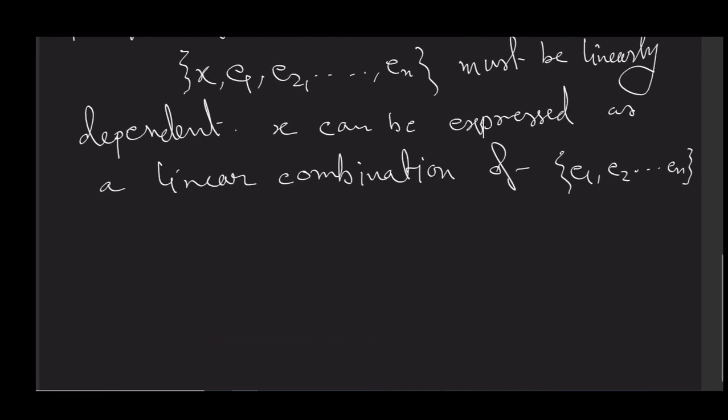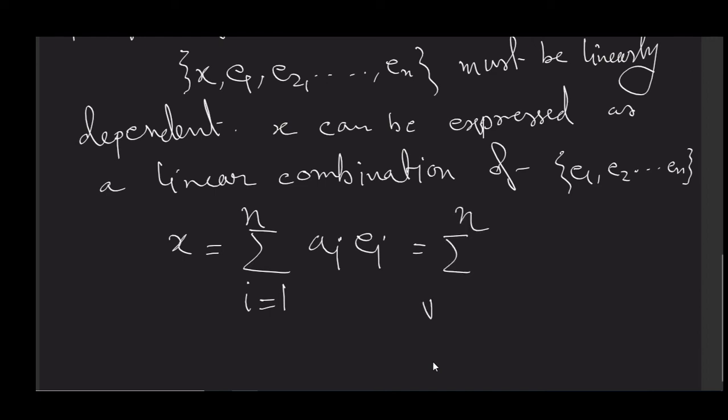Now here is the twist. Let us consider there exist two such representations. Both of them will be a sum of n number of terms: the sum over i equal to 1 to n of a_i E_i, and another sum over j equal to 1 to n of b_j E_j.